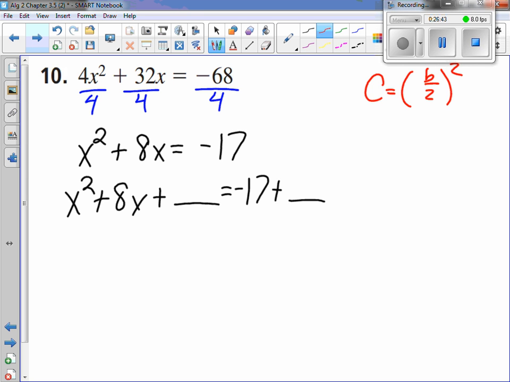Now we need to find c to make this a perfect square trinomial. So the value of b in our case is, we're going to have 8 over 2 squared. Well, 8 divided by 2 is? And 4 squared is?